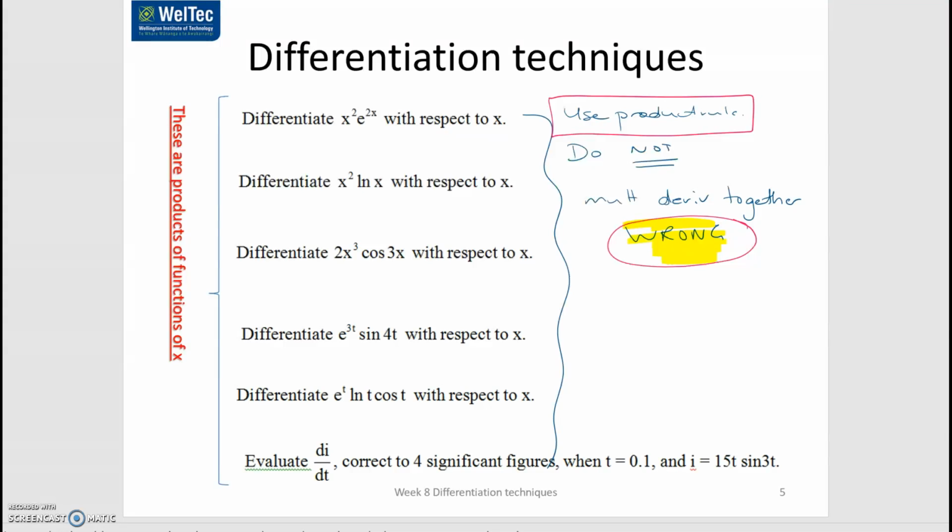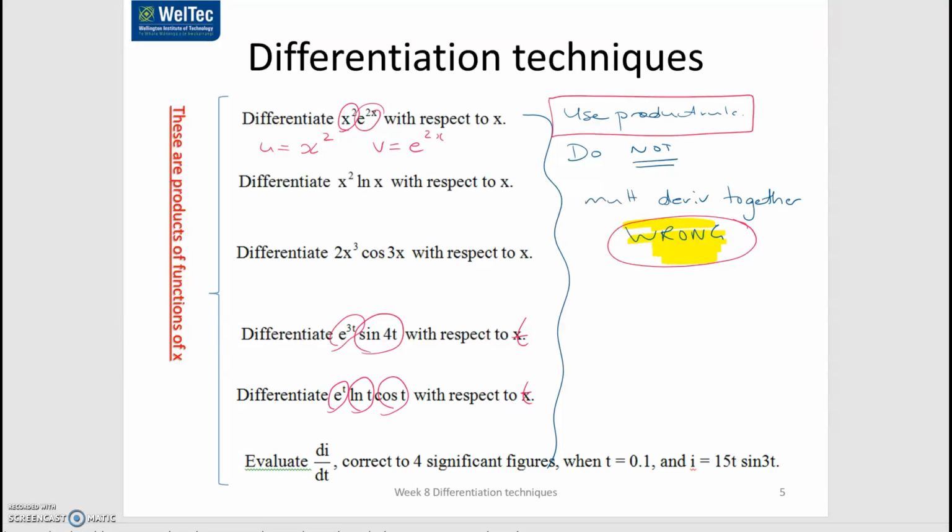So in each of these, you need to isolate what is u and what is v, because we have a function of x times another function of x, a function of t, oops, that should say t, times another function, it should also say t, a function times a function.